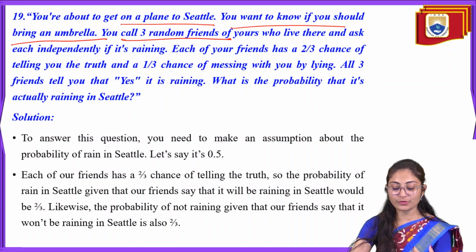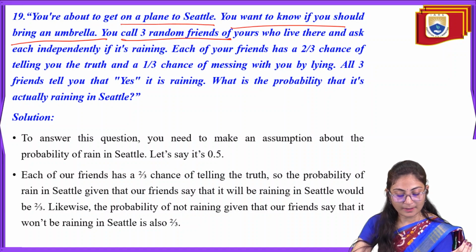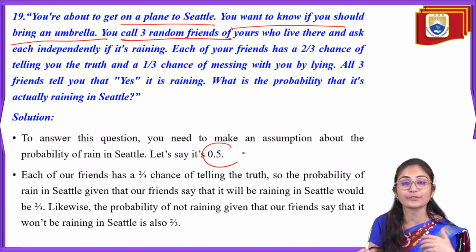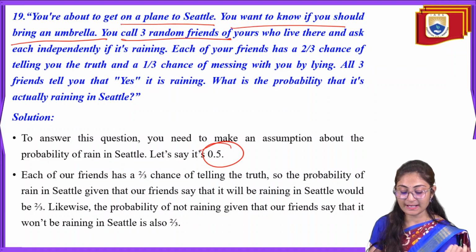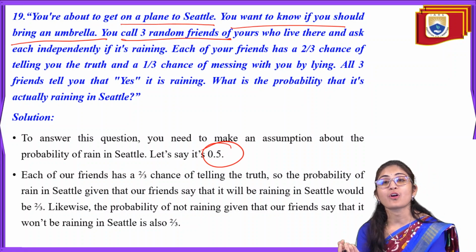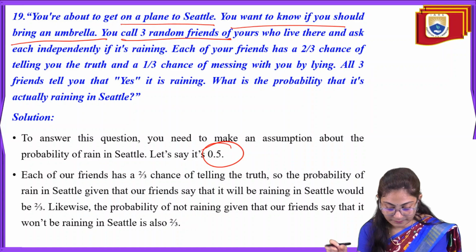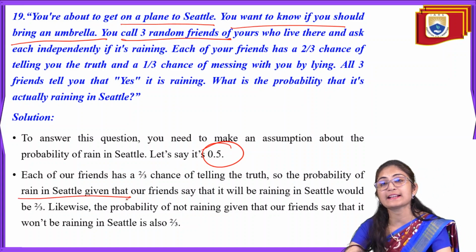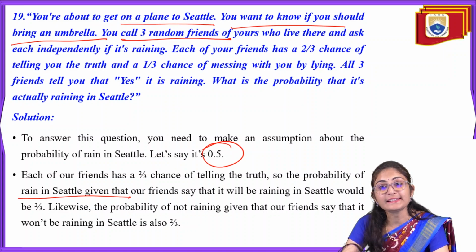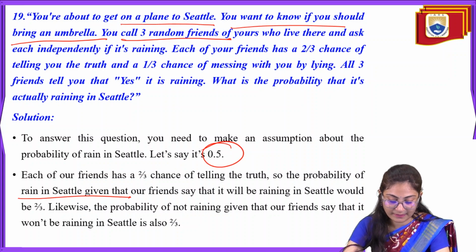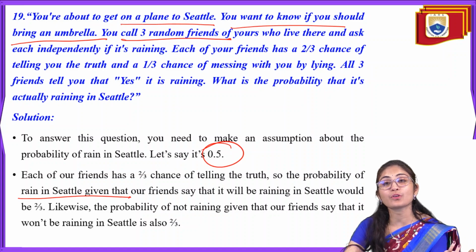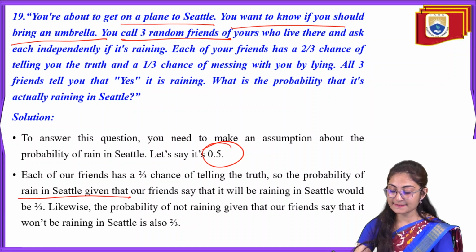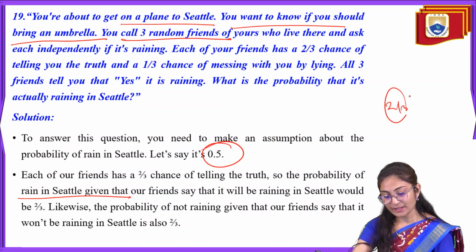So to answer this, we have to assume some probability of rain in Seattle. We can assume 0.5. Each of our friends has 2/3 chance of telling the truth, so the probability of rain given that our friends say it's raining is 2/3. Likewise, the probability of not raining given that our friends say it's not raining will be 2/3.